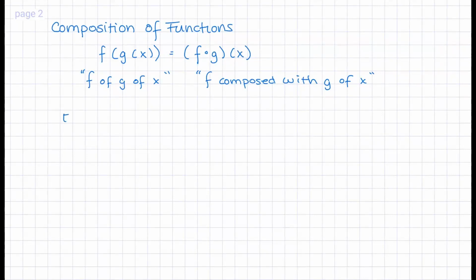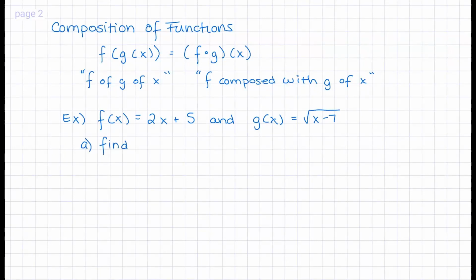So let's just go back to our good old f of x and g of x that we've been using. We had f of x was 2x plus 5, and g of x is, what was it, square root of x minus 7. I'll make this part A. Let's find f of g of x.